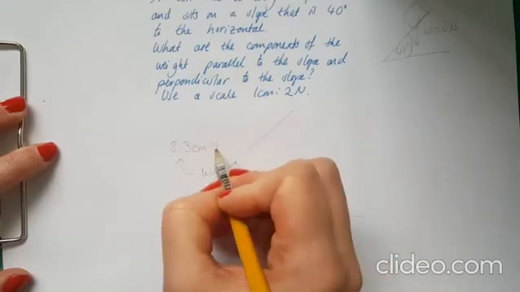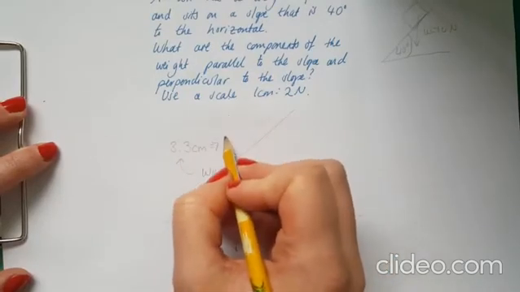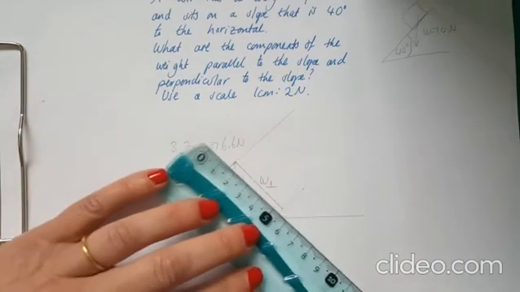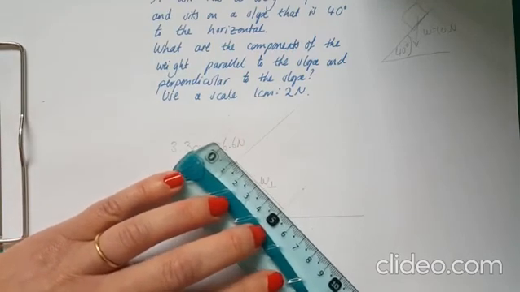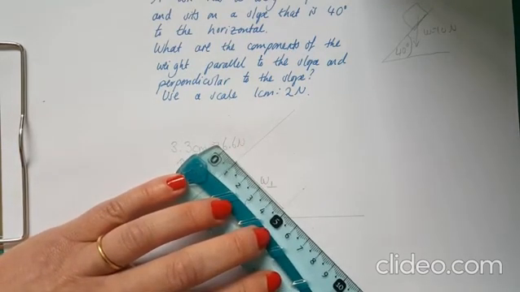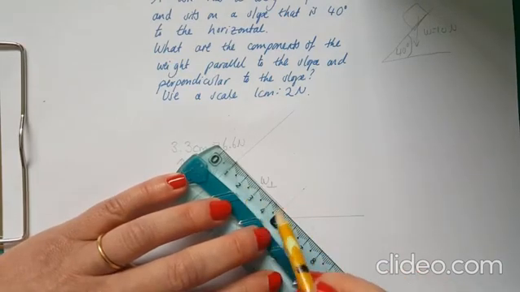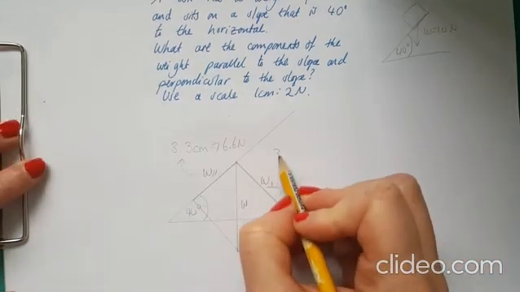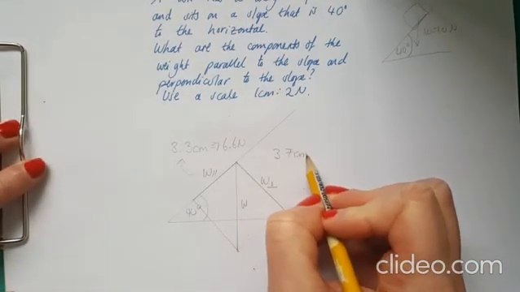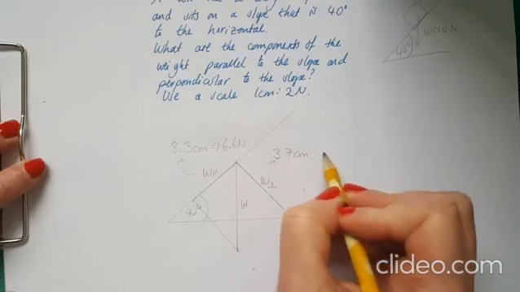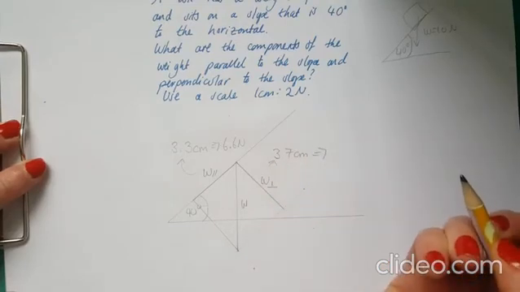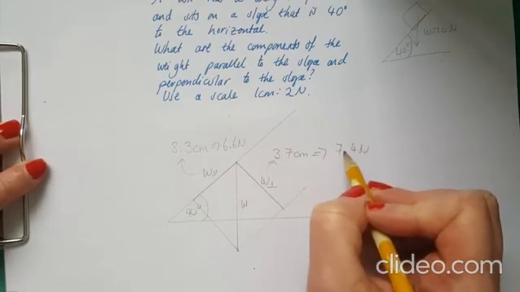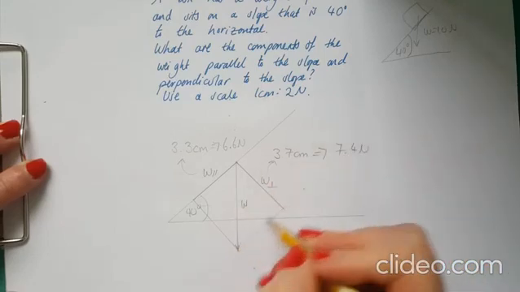Now, using my scale, that means that that is 6.6 newtons, and this component here that is 3.7 centimeters. Using my scale, again, that means that it is 7.4 newtons. Okay.